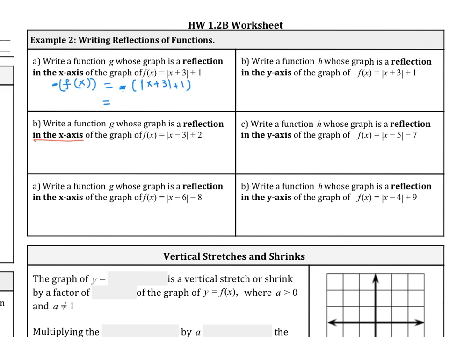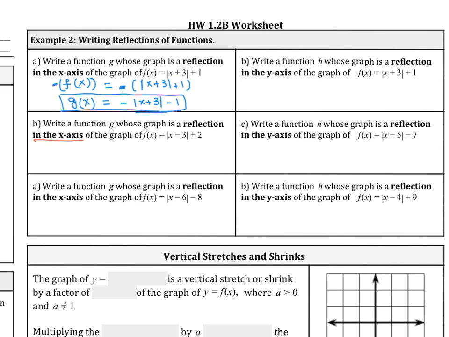So the function would be negative absolute value of x + 3, minus 1. That is our reflection graph g(x). When we multiply the whole function by -1, we get the new graph g(x), which is the reflection of the original graph f(x).